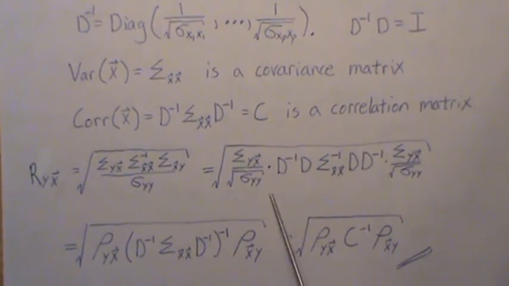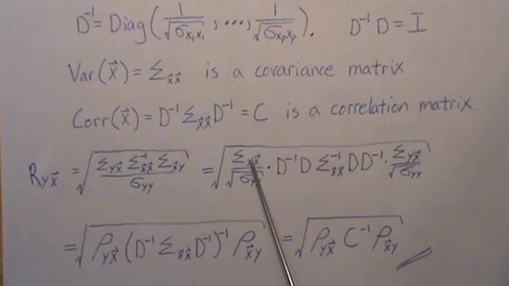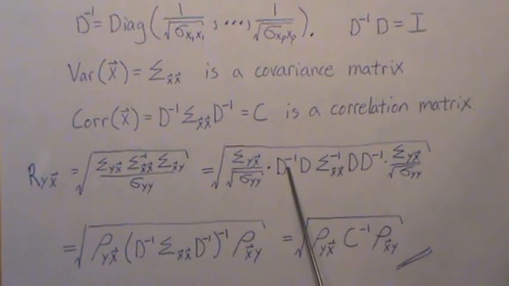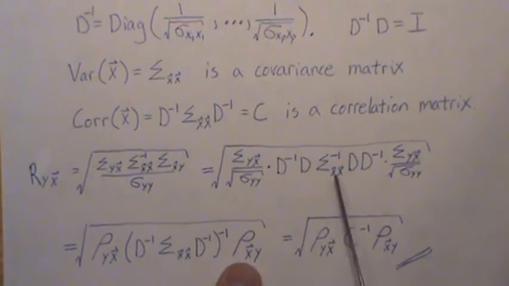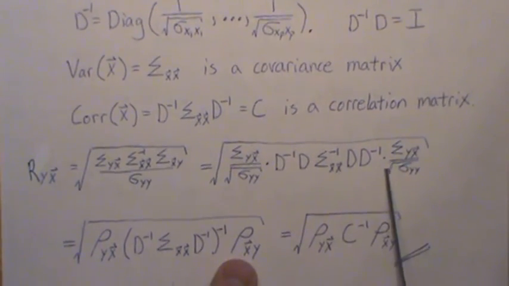Then this right here, remember this is a vector, and this goes under each of the covariances, and then we're dividing by another little piece of the standard deviation. So this ends up being correlations, a vector of correlations. Same way with here, the D inverse and this becomes correlations.